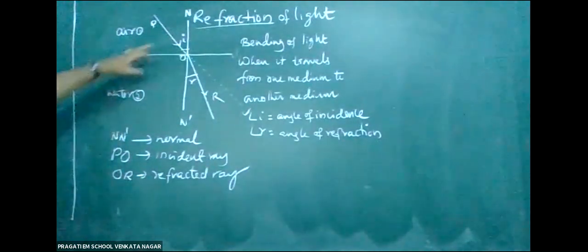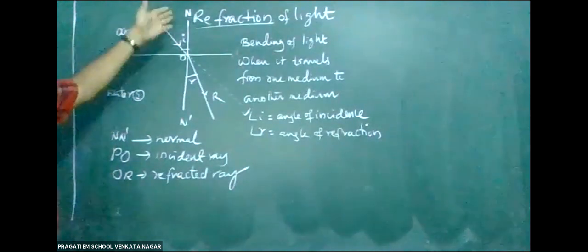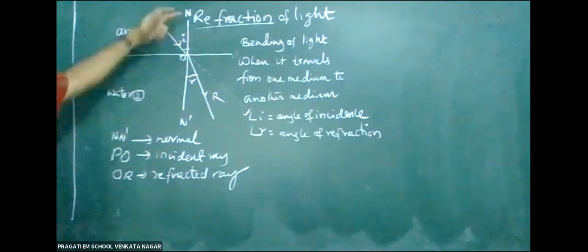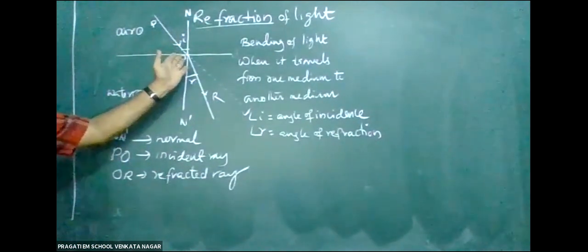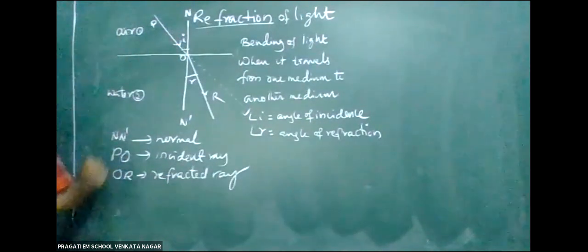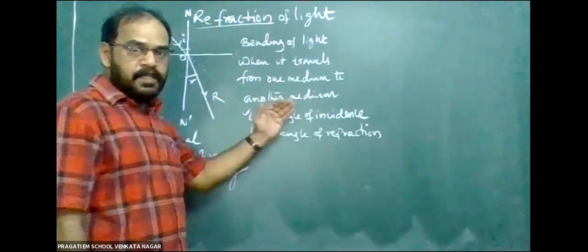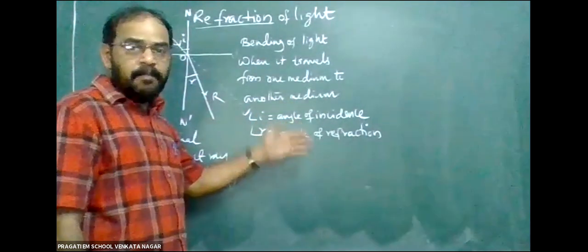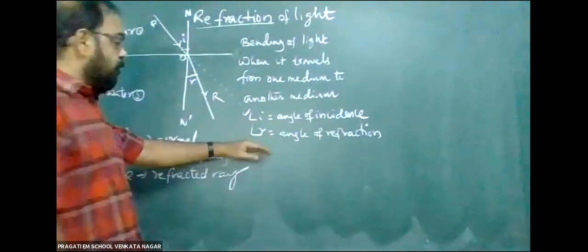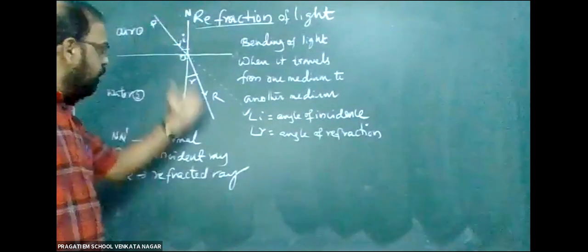Now, again define angle of incidence. Angle is always defined between two intersected lines. Here, the two intersected lines are the normal and the incident ray. So, the angle between the normal and the incident ray is called angle of incidence. Similarly, the angle of refraction is the angle between the normal and the refracted ray.